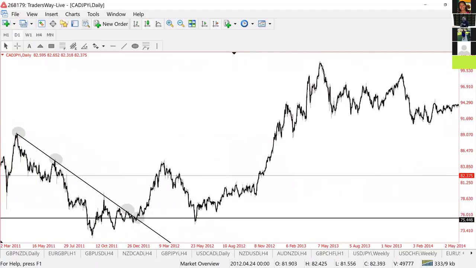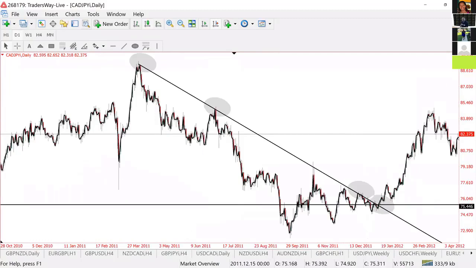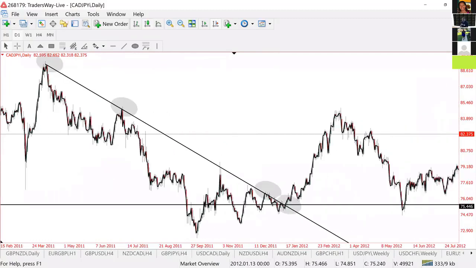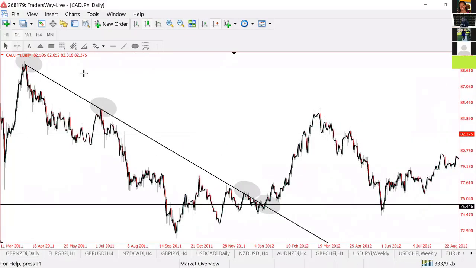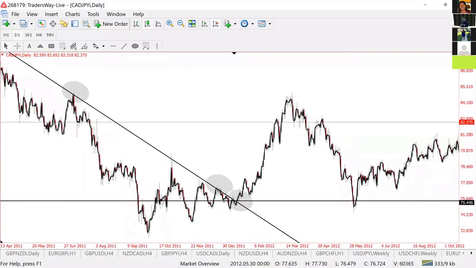So Angela said, okay, don't give me the retest. I'm just going to sit here and wait. Really? You're going to sit on your hands on this daily chart and wait for 50 days for us to come back down? Yep. And guess what? They came right back down.